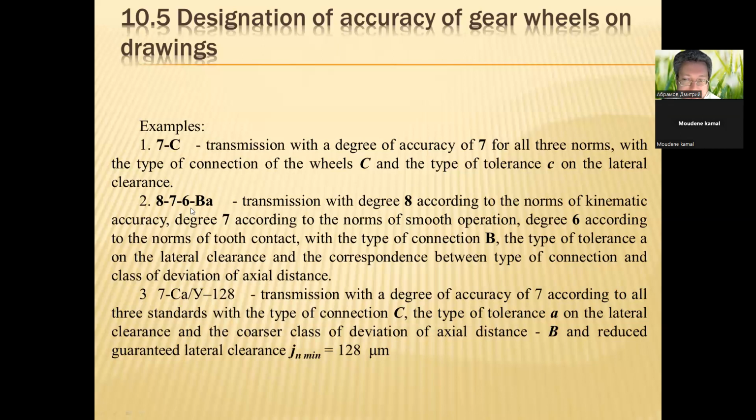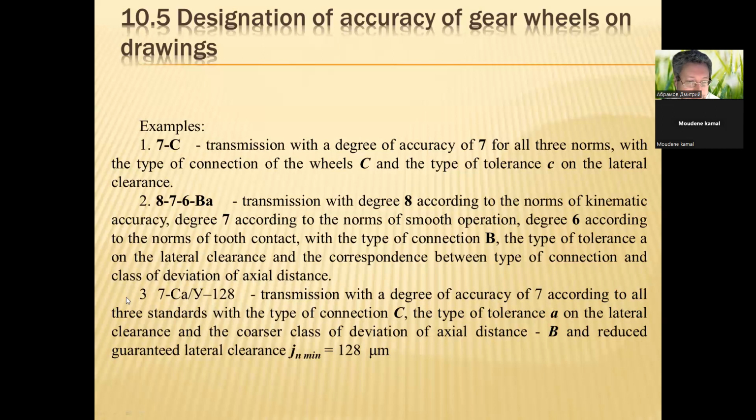Degree 6 according to the norms of tooth contact, with the type of connection B, the type of tolerance small a on the lateral clearance, and the correspondence between type of connection and class of deviation of axial distance.